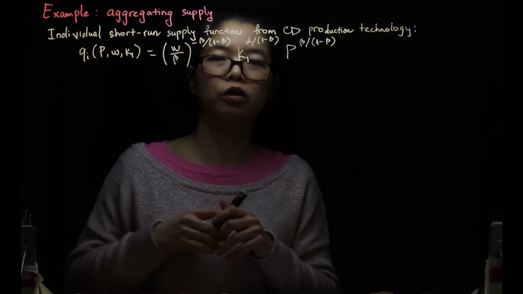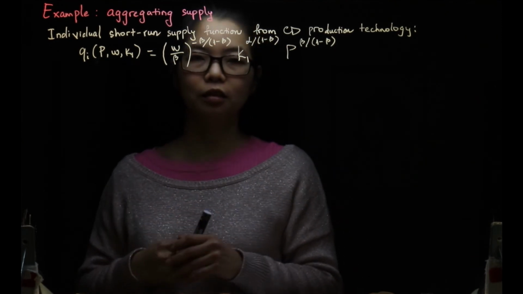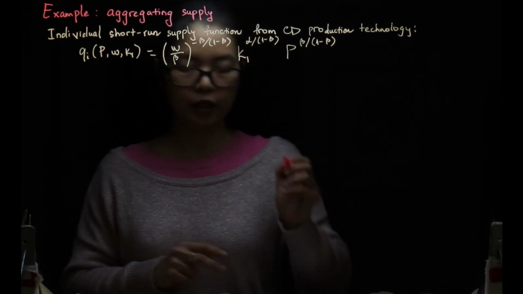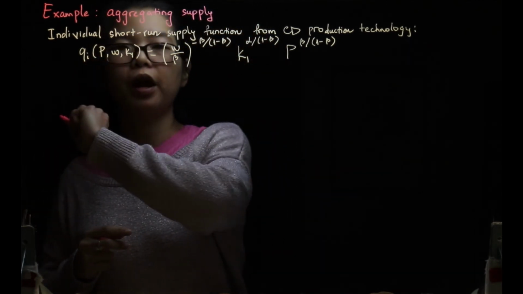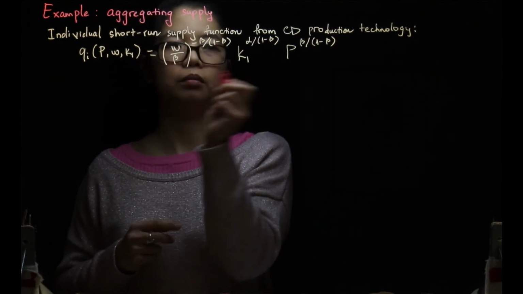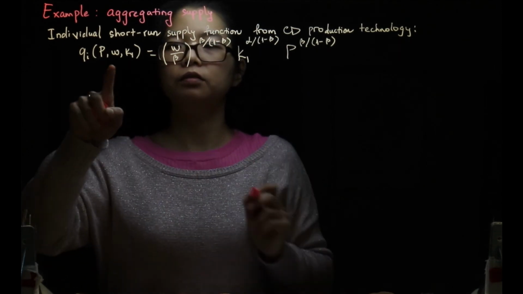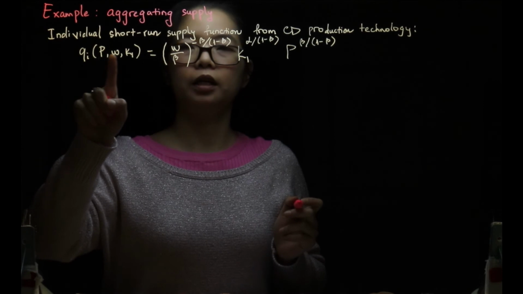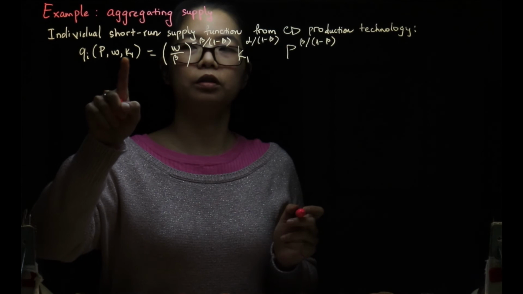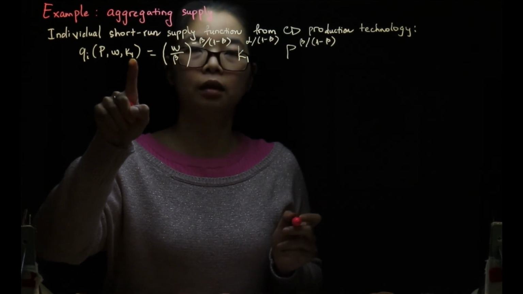Let's do an example of aggregating the supply across the market, just like how we did that with the demand side. Okay, so now here we have a short-run supply function from a Cobb-Douglas production function, which is given for market price, input price here, also only labor now, and K1, the level of capital fixed in the short run.